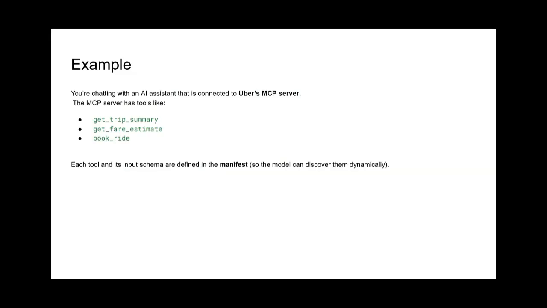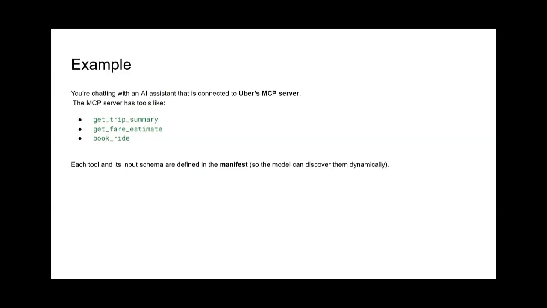The manifest file is readable by the models. Let's say there are three tools in the Uber MCP server, for example, get trip summary, get fare estimate, or book a ride.